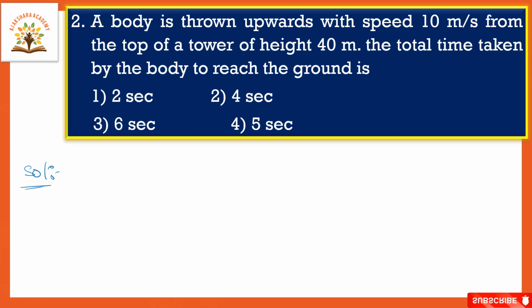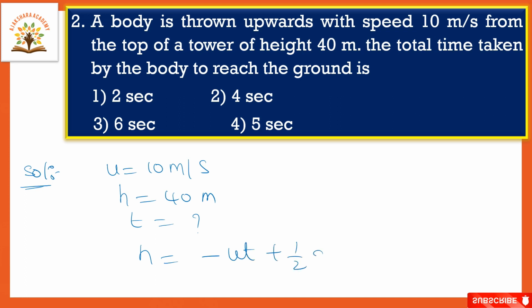Given speed u is equal to 10 meters per second and height is given as 40 meters. We have to calculate t. So h is equal to minus ut plus half gt square.